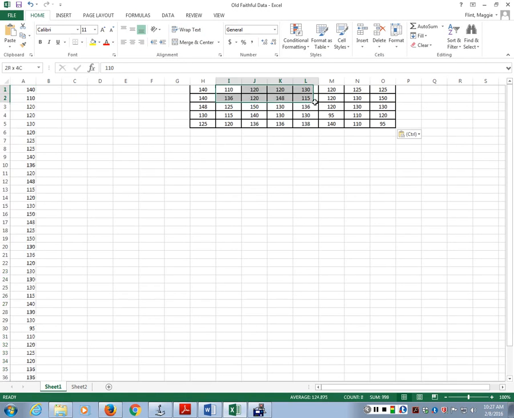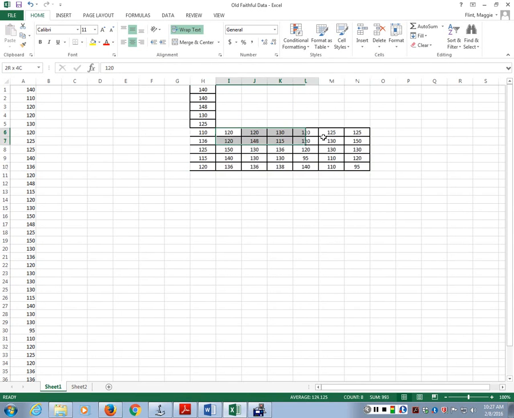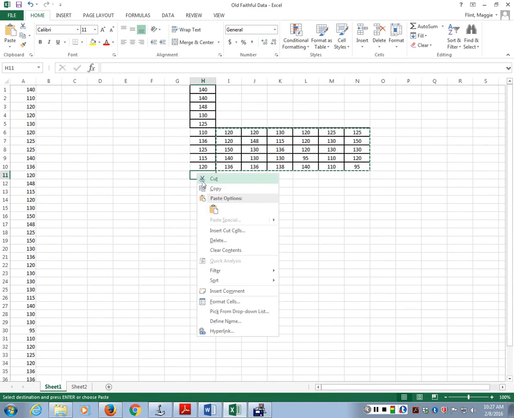So the way that I got this was that I took all of these data and basically I was just copying and pasting. I cut them out from there and pasted here, and then I cut all the rest of these out and pasted them here.